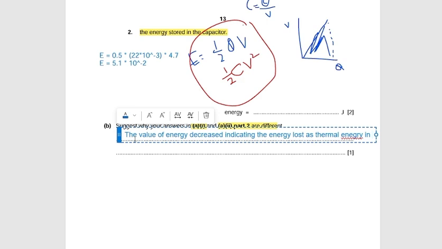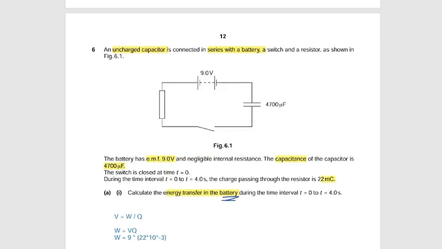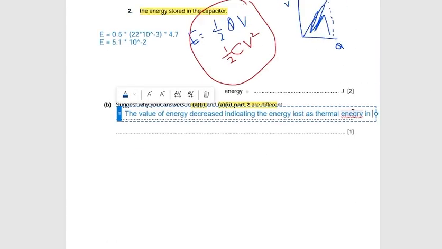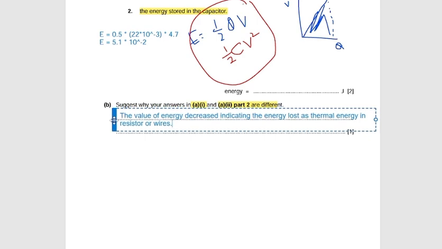You can talk about the battery, but they have said the battery has negligible resistance, so we can talk about the heat energy lost in the resistor or wires, anything, as thermal energy in resistor or wires, because usually a decrease in this energy tells us that there has been a loss of energy.